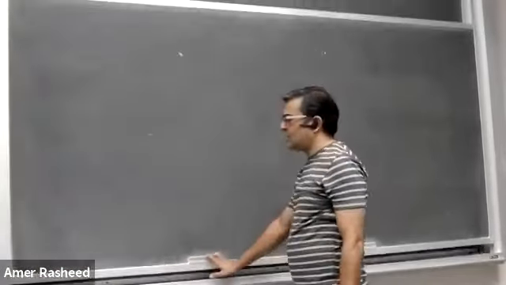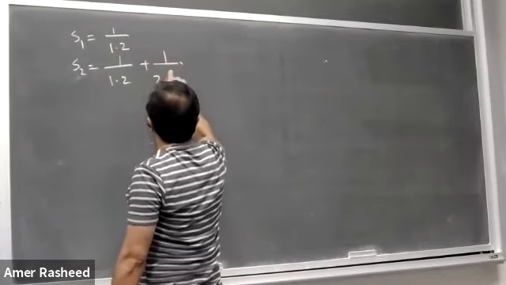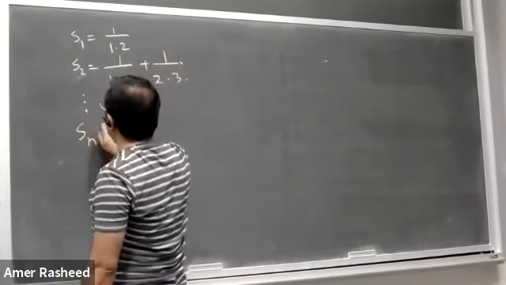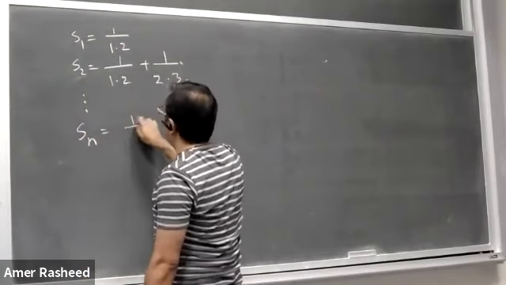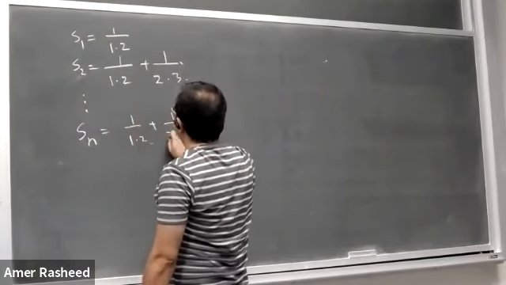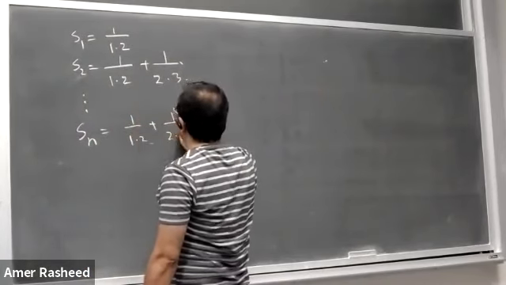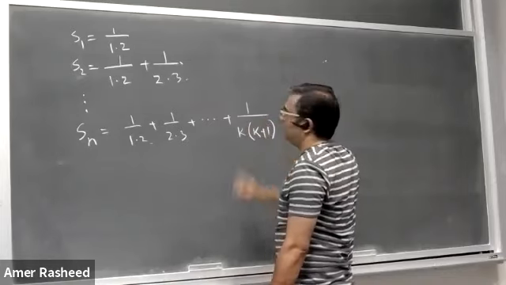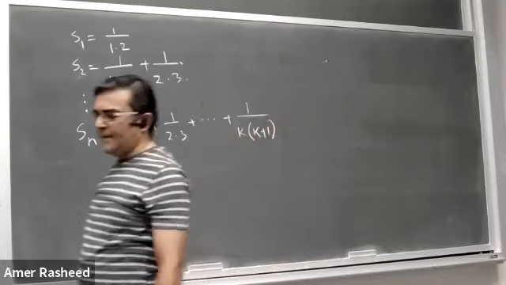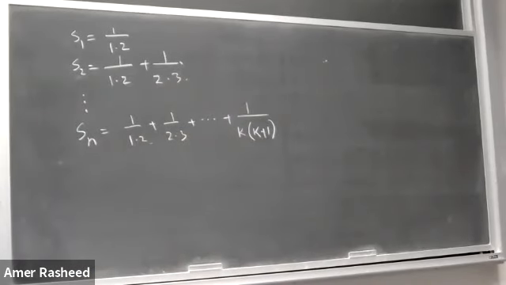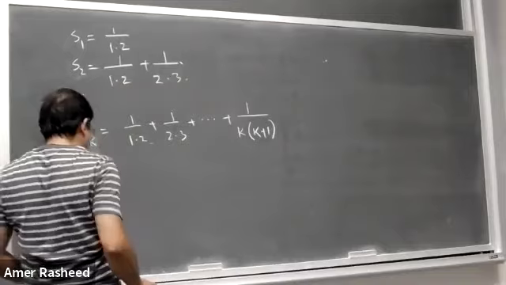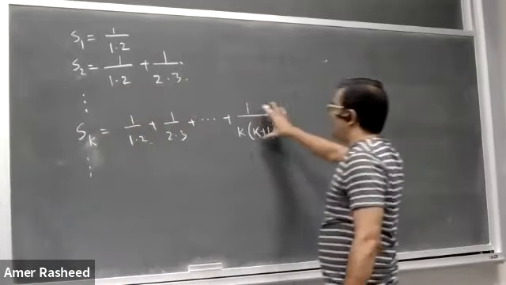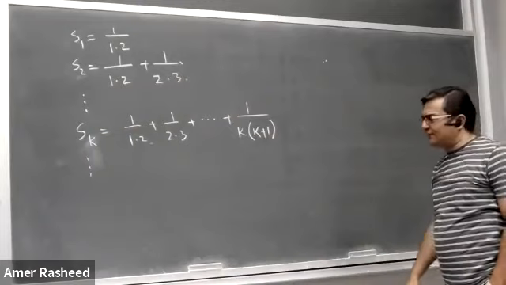S2 is 1 over 1 into 2 plus 1 over 2 into 3, and so on. Sn is 1 over 1 into 2 plus 1 over 2 into 3 plus so on, plus 1 over n into n plus 1. You can write it with k instead, because we have already used n, so it's better to use a different notation. So Sk is this, the kth partial sum or nth partial sum.